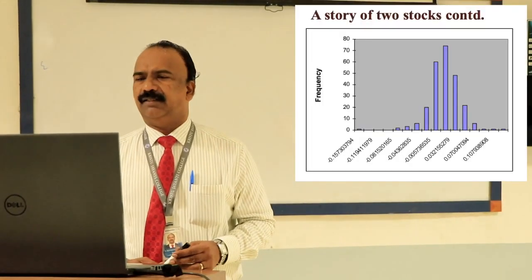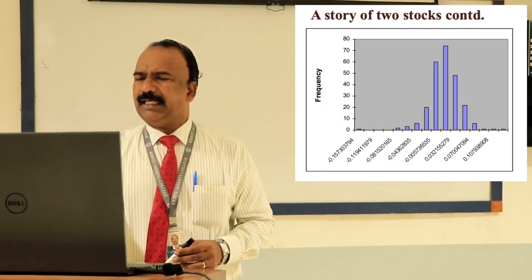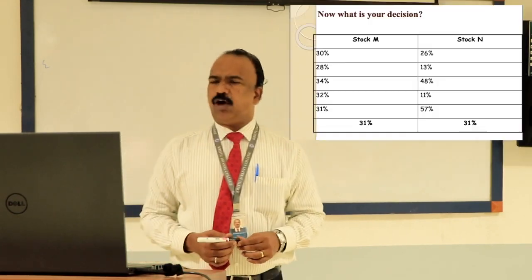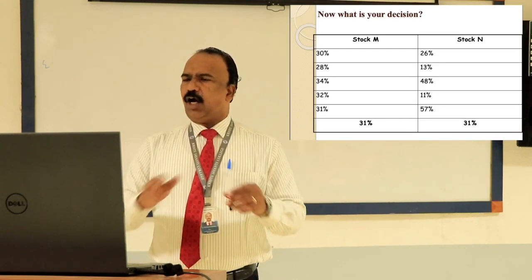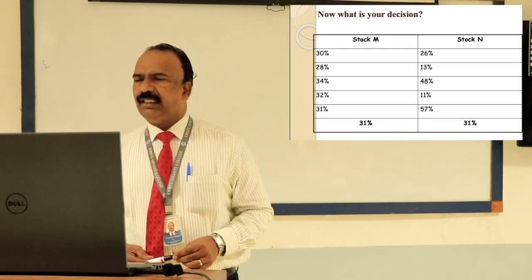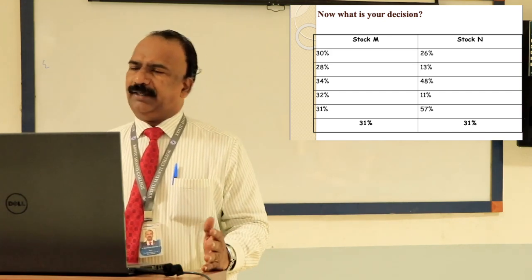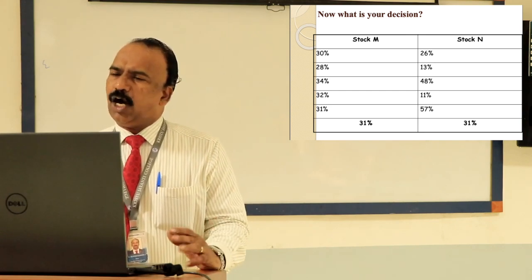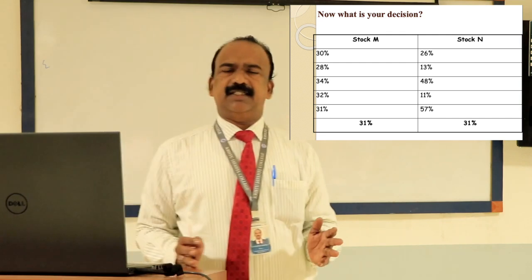Then the same return we have put in a table format. Stock M and stock N, over a 5-year period, return is given, and the average return is 31%. So now, which stock do we need to buy? That is the question. The average return is 31% for the past 5 years.